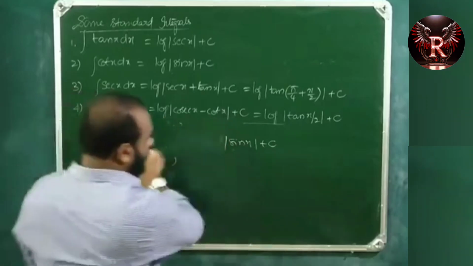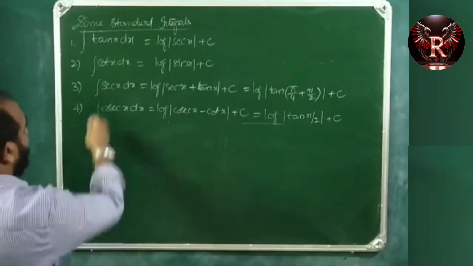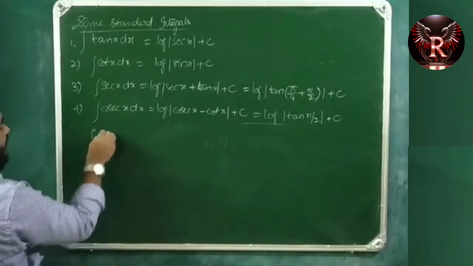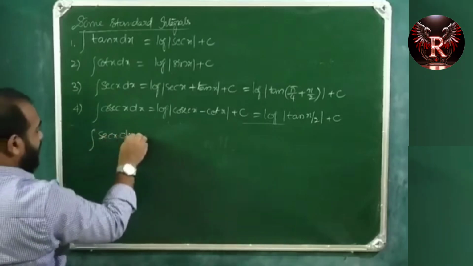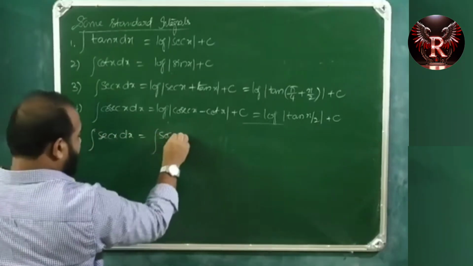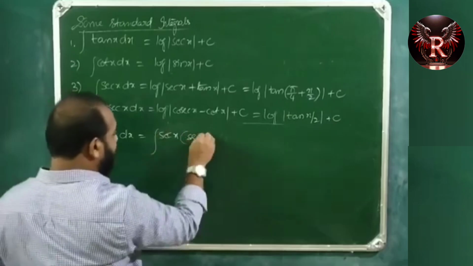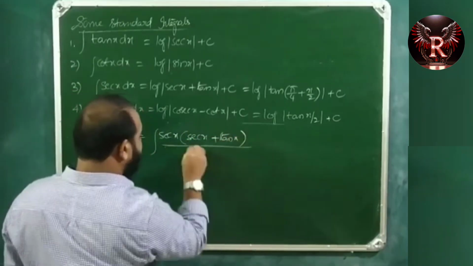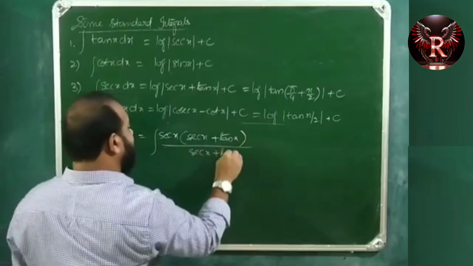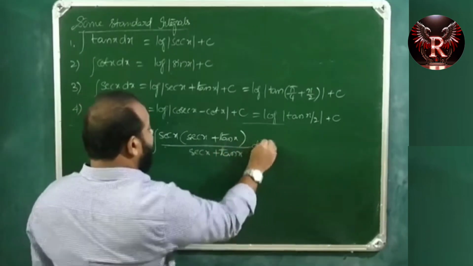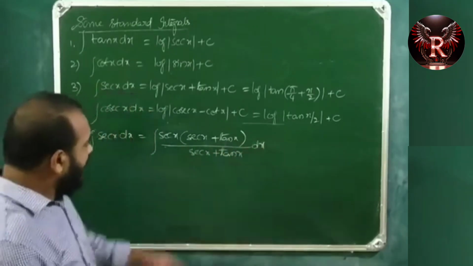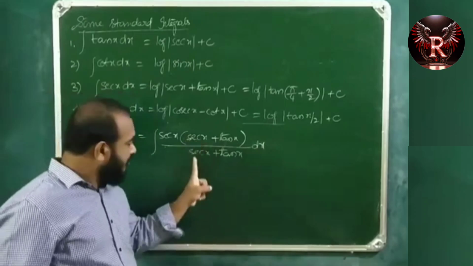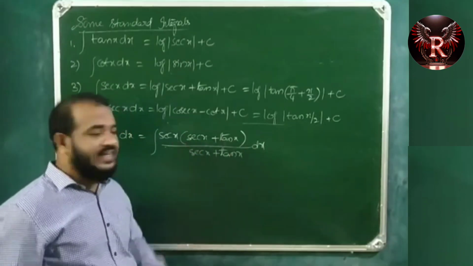Now, to evaluate the integral secant x dx, multiply and divide by secant x plus tan x. Without loss of generality, I just multiplied and divided with secant x plus tan x.